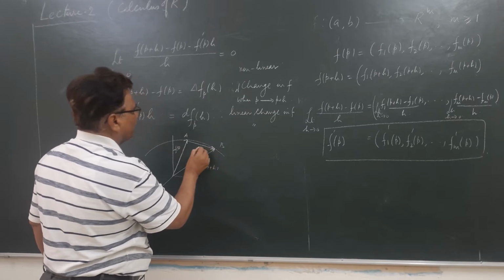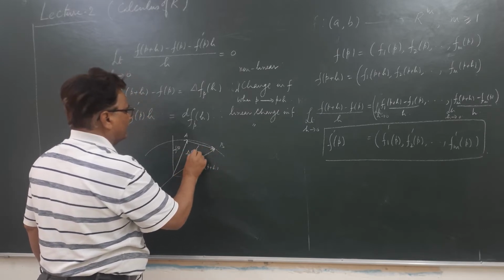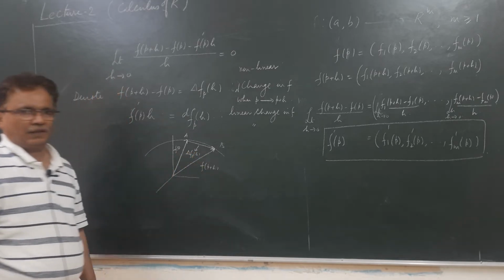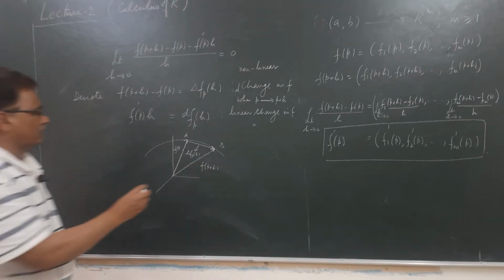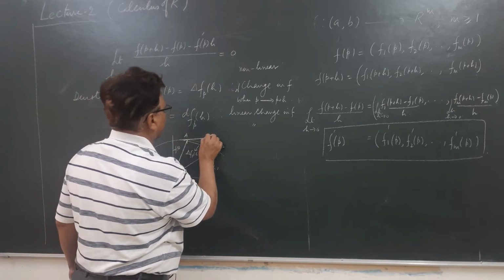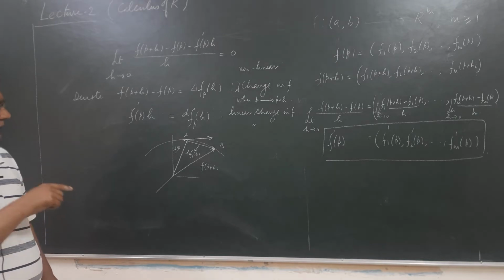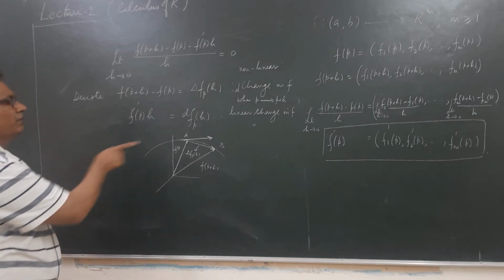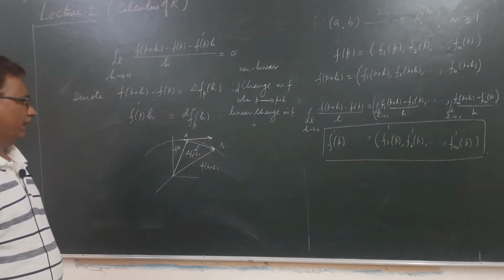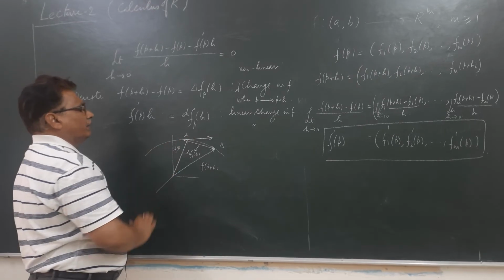This is the difference delta fph. All right. You had also seen that f dash p is a vector like this, and when you multiply it by h, it will remain a vector in the same direction, little smaller or little bigger, but in the same direction.